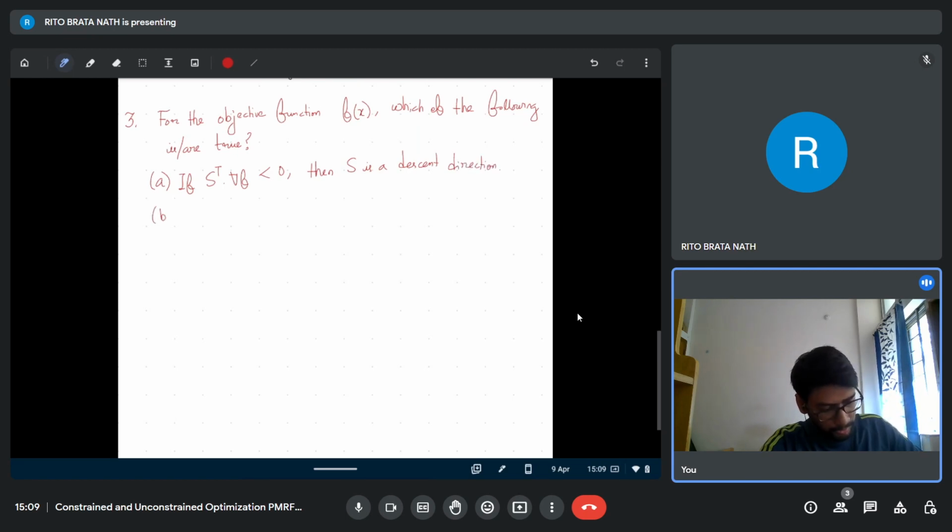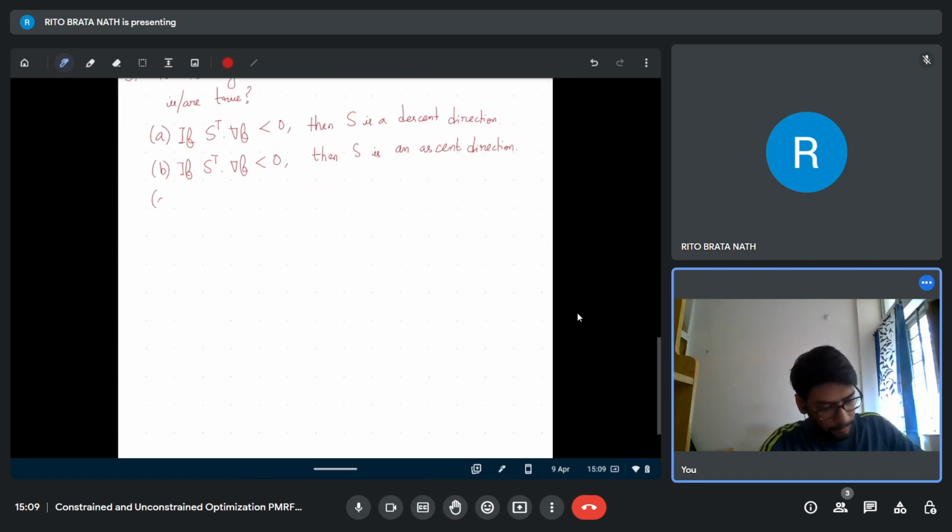Next is if S transpose grad of f is less than 0, then S is an ascent direction. So here we have the comparison in terms of the objective function value. You can also verify it using some Taylor series expansion as well for this problem.